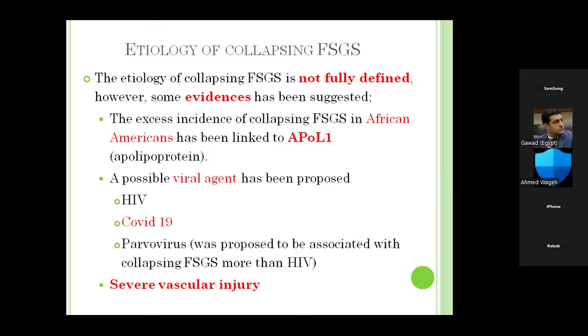Let's know that severe vascular injury could lead to collapse of the tuft. So a collapsing glomerulus does not always mean that this is a collapsing FSGS.